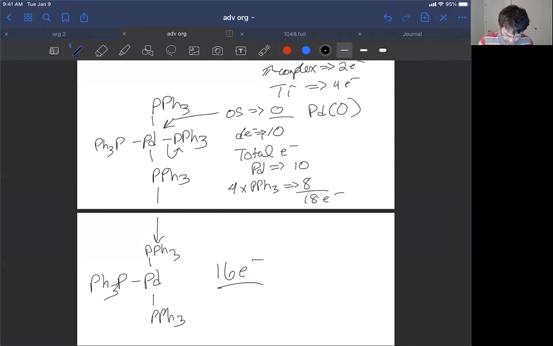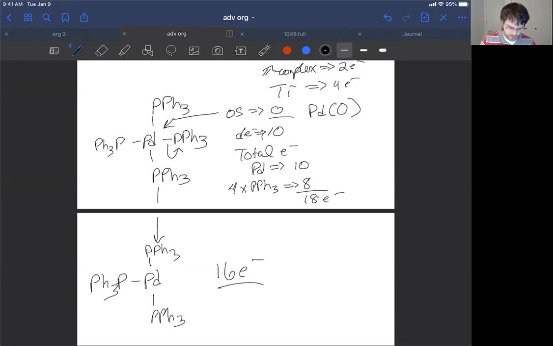Let's just go ahead and draw the allyl group here. This is just indicating that we have an allyl ligand, and its hapto number is 3, so we say eta3 allyl. So let's do oxidation state, d-electron count, and then total electron count.